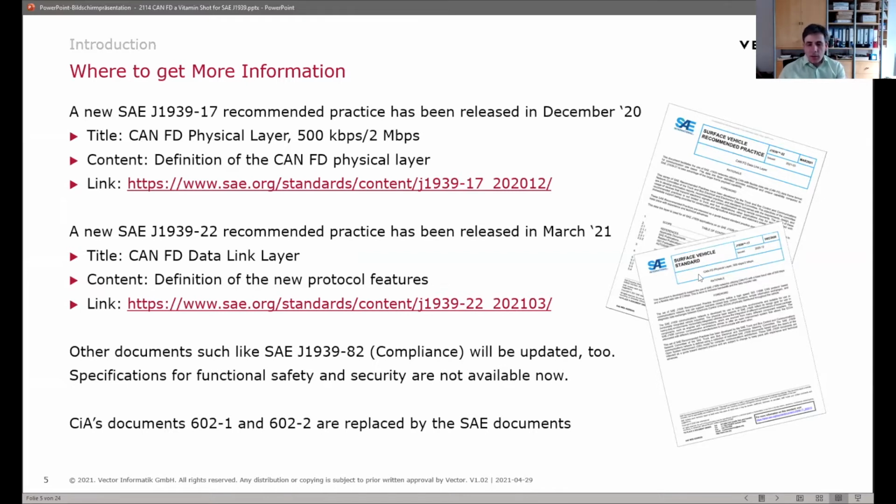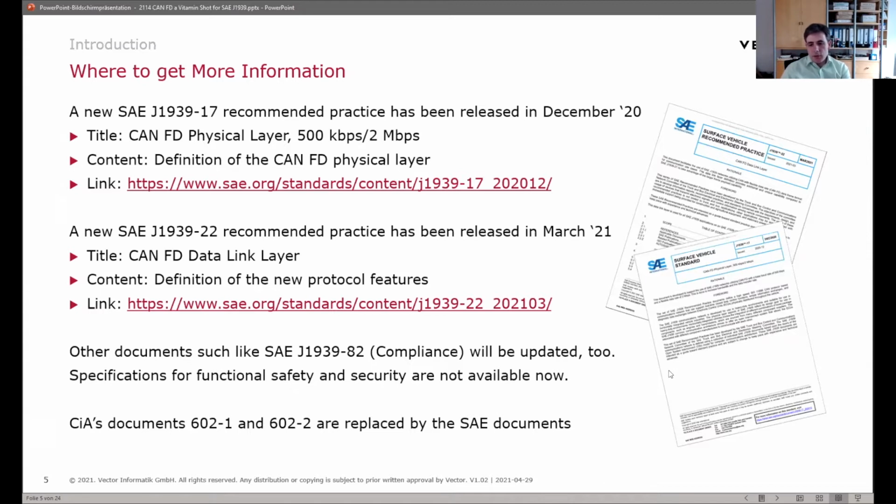And if you are going to update your existing components, you may consider this seriously, take this into consideration and make the necessary steps so that maybe your device can also support the CAN FD extensions. So this is really what the status is today.